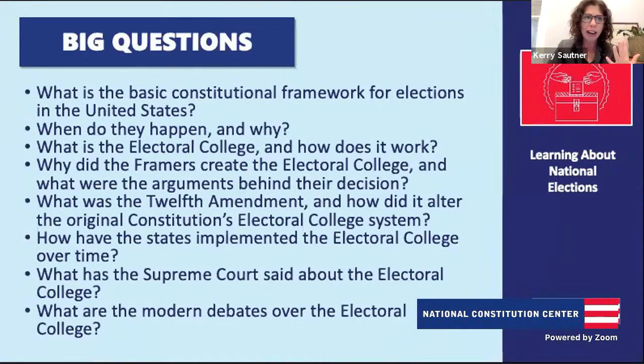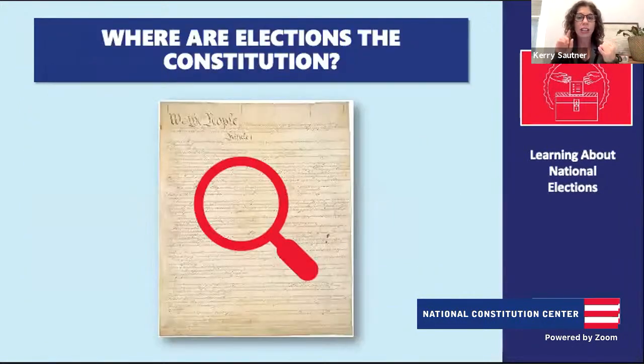There's a lot of the Constitution that has to do with voting and elections. Even though we're going to look at where elections and voting are in the Constitution, there's still a lot that people get confused about.